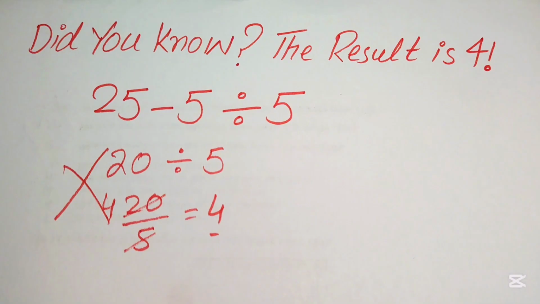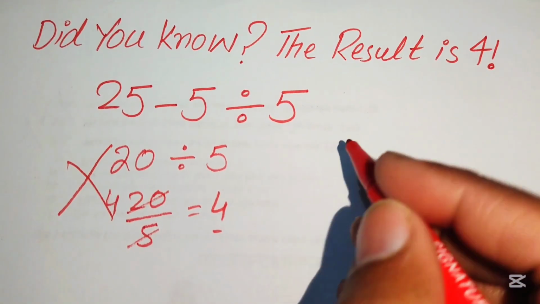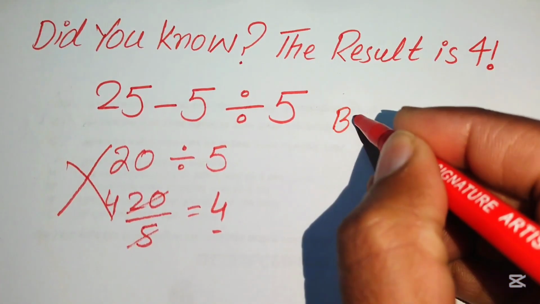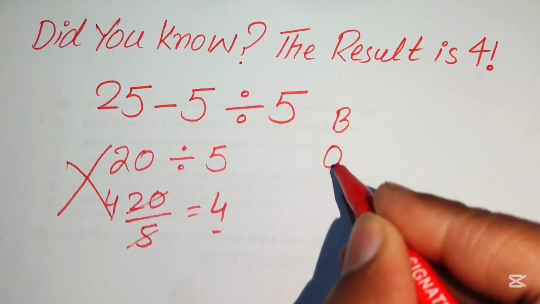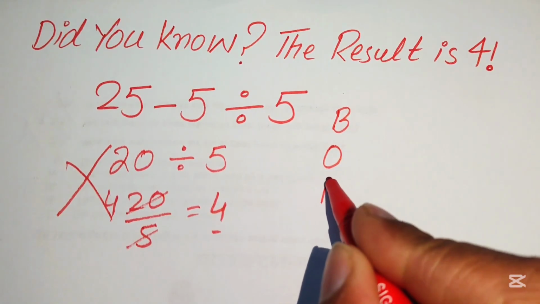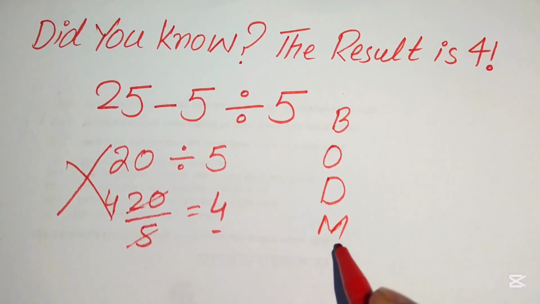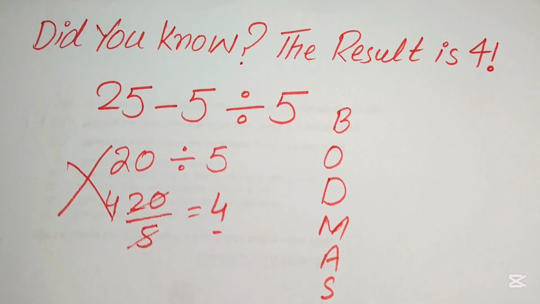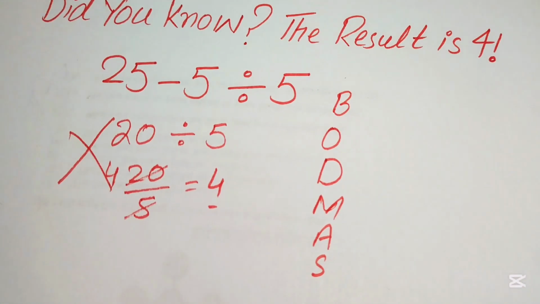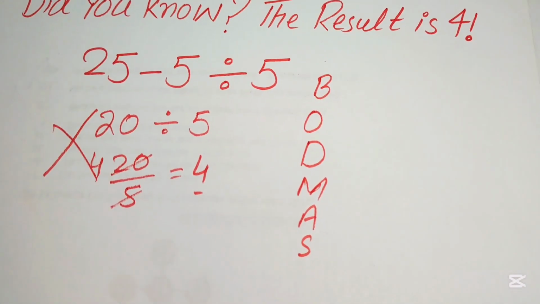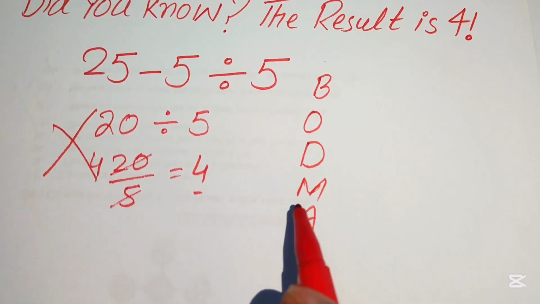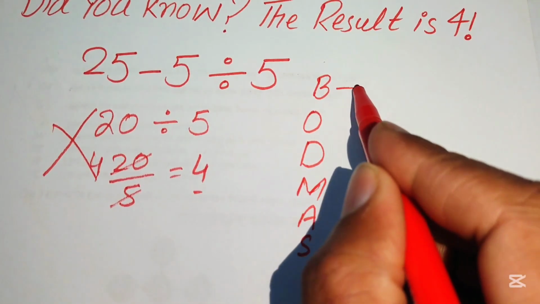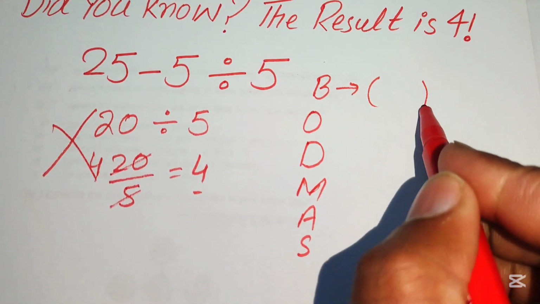Here we just apply the BODMAS rule. I think everyone already knows about this BODMAS rule. Okay, so here I can write it in column form, and explain this BODMAS rule a little bit. So this B stands for brackets or parentheses.